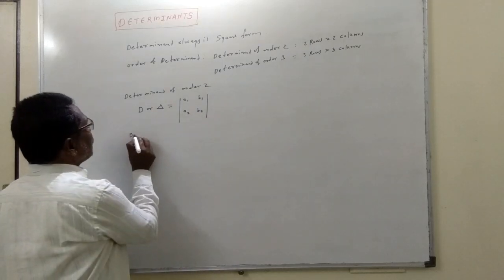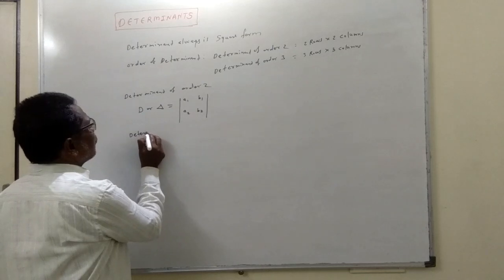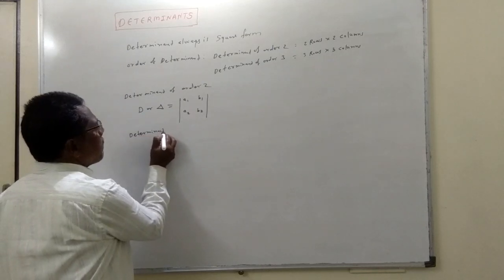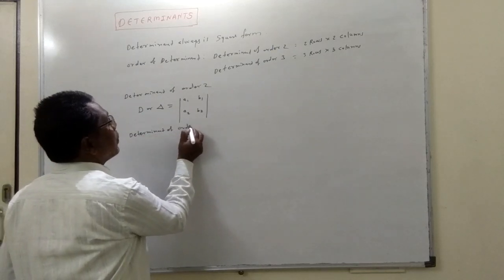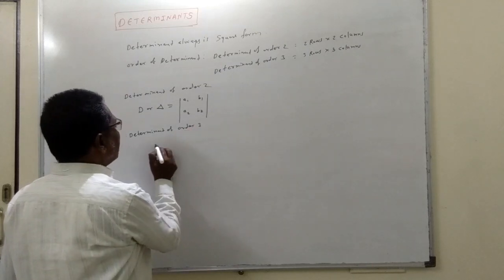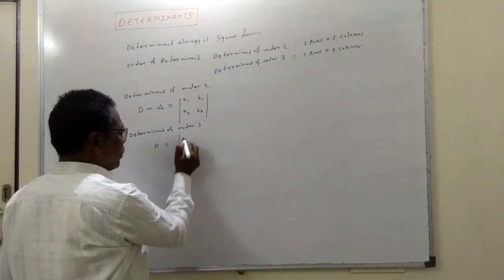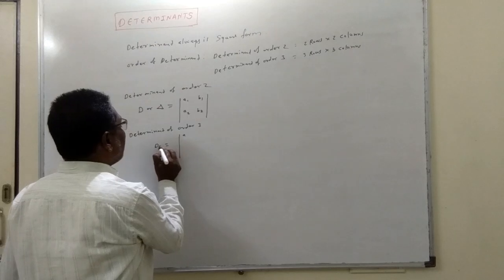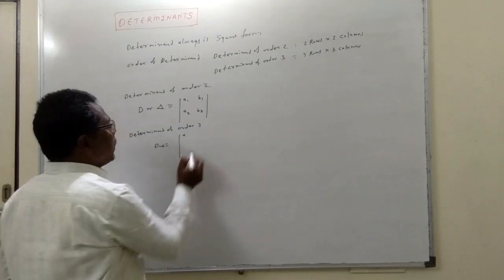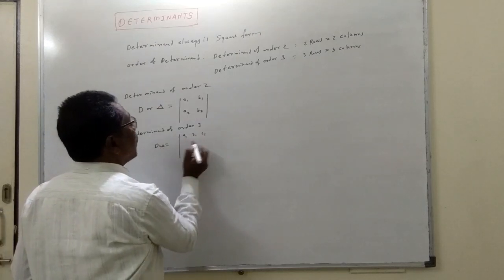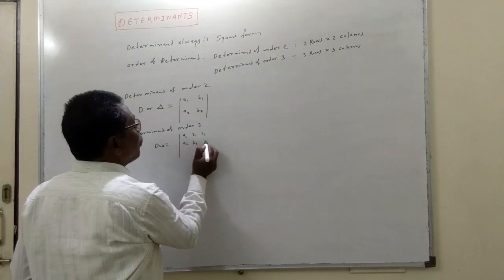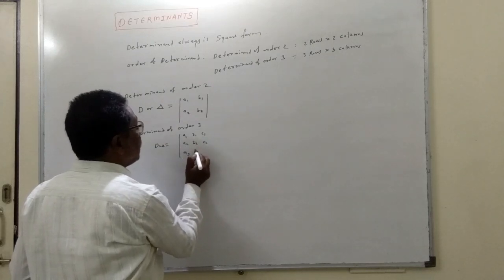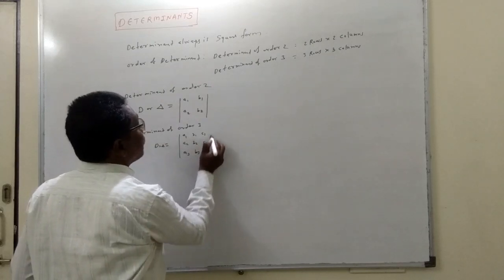Determinant of order 3, D is equal to the determinant, or maybe delta in notation, A1 B1 C1, A2 B2 C2, A3 B3 C3.